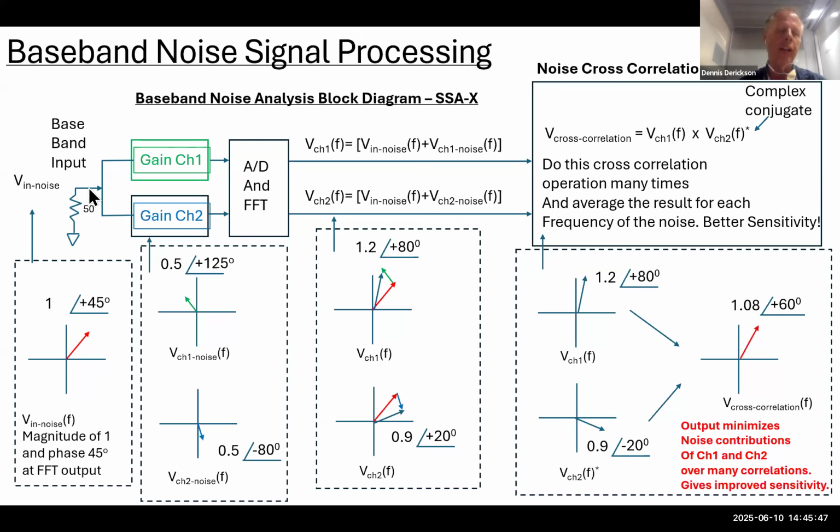We're going to take that shot noise and apply it to two channels that have identical gain, channel 1 and channel 2. Now, channel 1 and channel 2 have their own noises too, but they are uncorrelated with each other, and they're uncorrelated with the input 50 ohm shot noise.